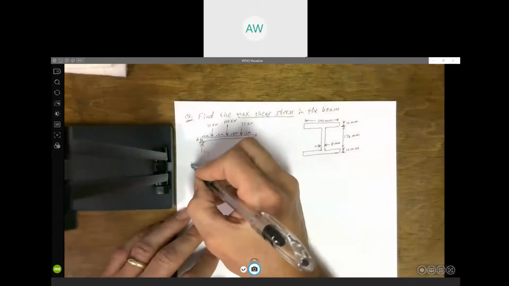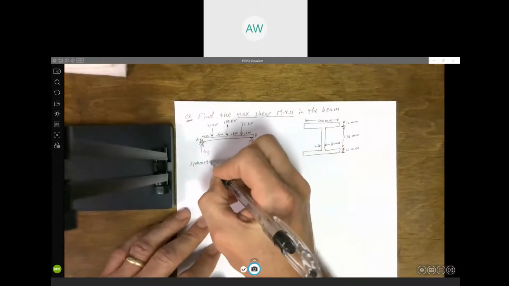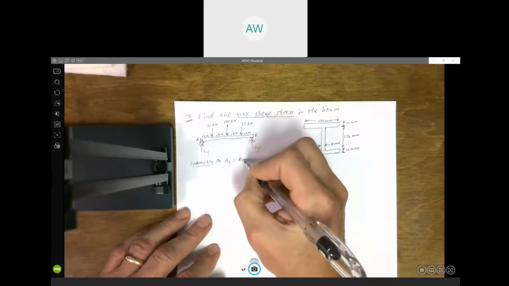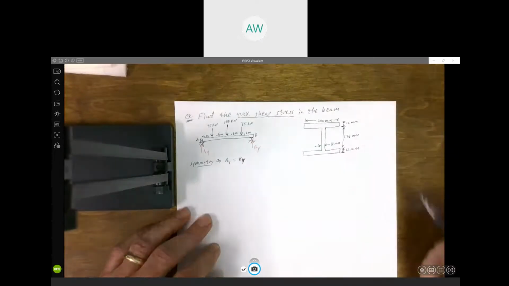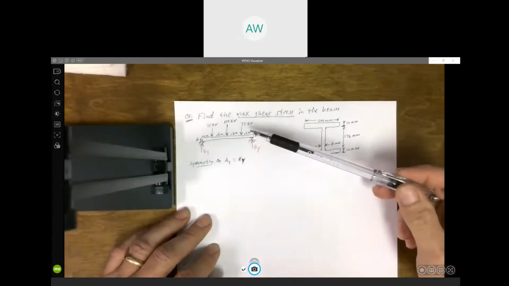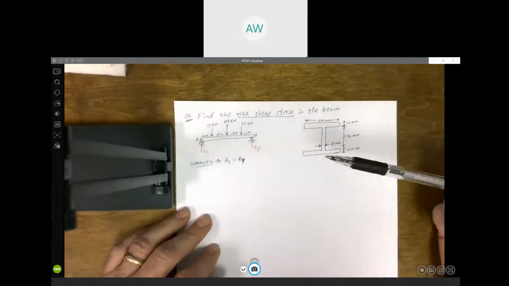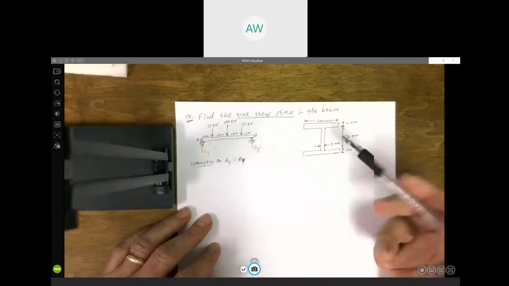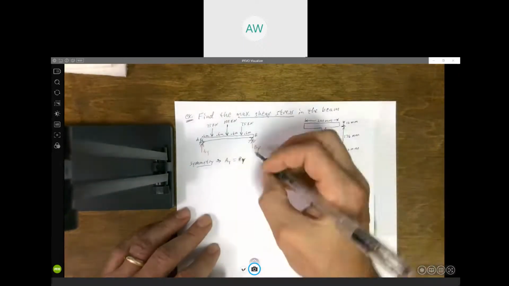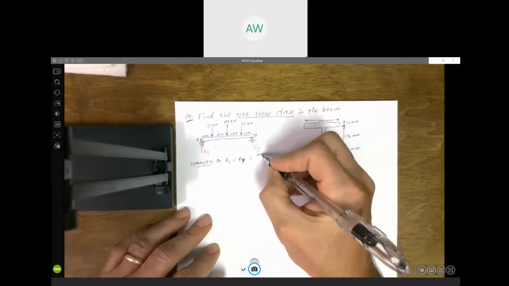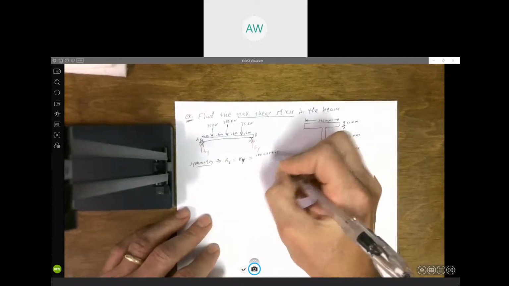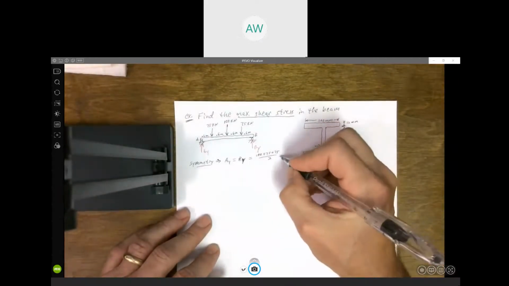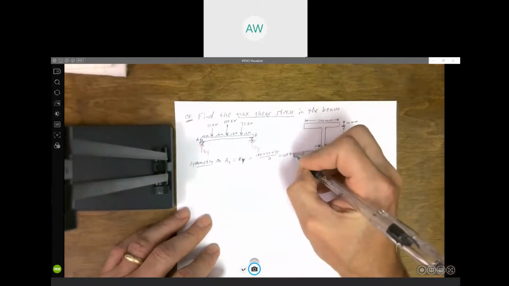Looking at the loading that's applied, everything is symmetric, and if it wasn't, we'd have to calculate these. AY is going to be equal to BY. It's just going to be half of whatever the total is: 100 plus 75 plus 75, divided by 2. Is that 125? So 125 kilonewtons.